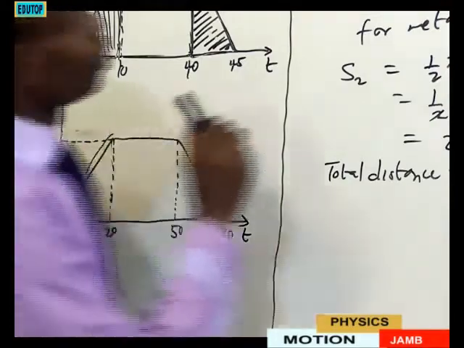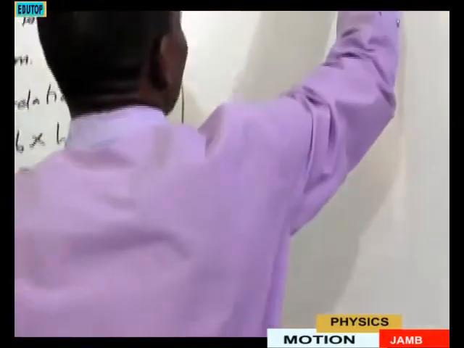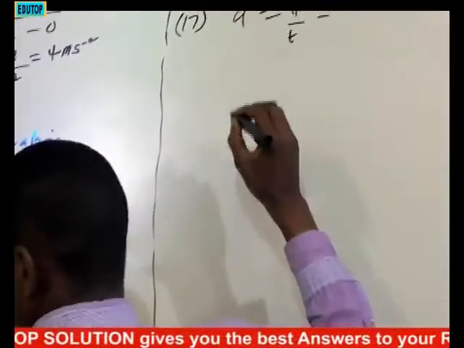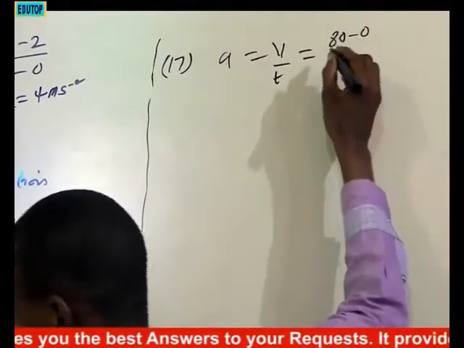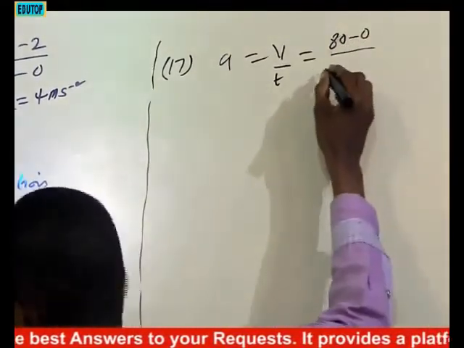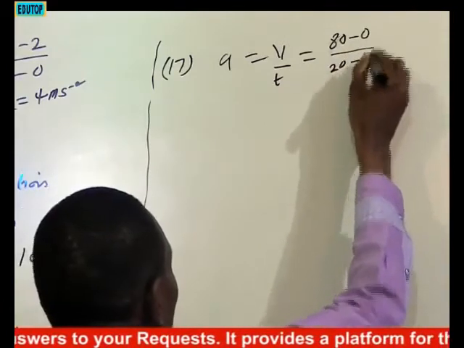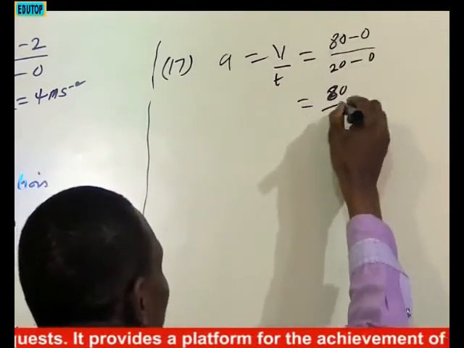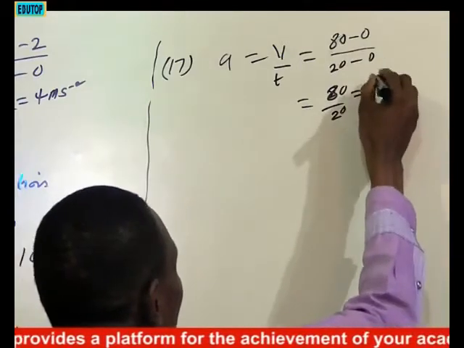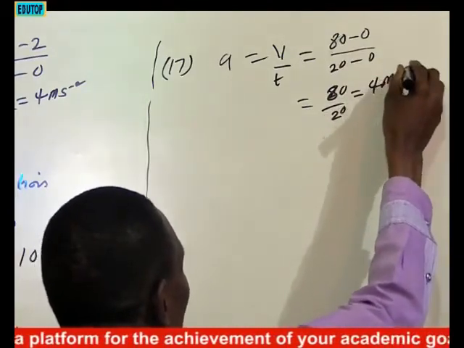So the acceleration a is velocity over time, which is equal to, for velocity is going to be 80 minus 0 divided by 20 minus 0. And this is going to be 80 divided by 20, which is going to be 4 meter per second squared.